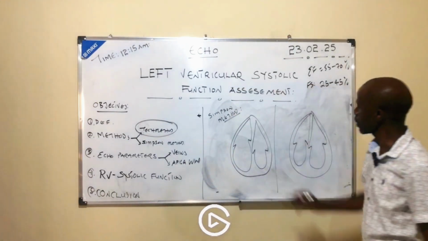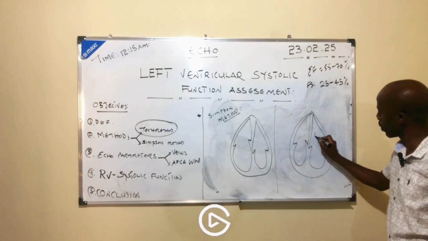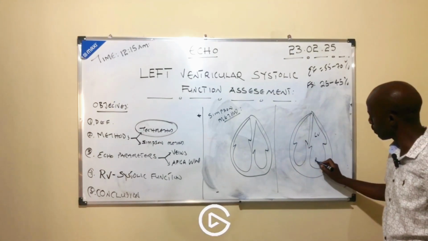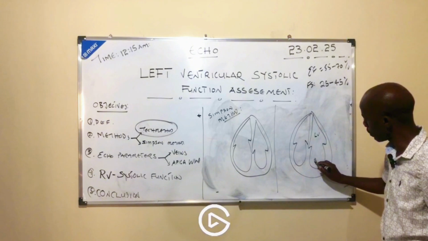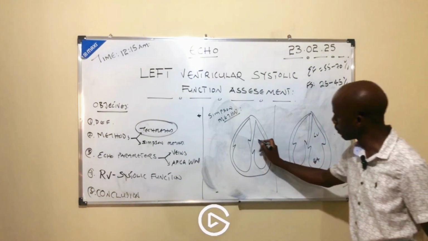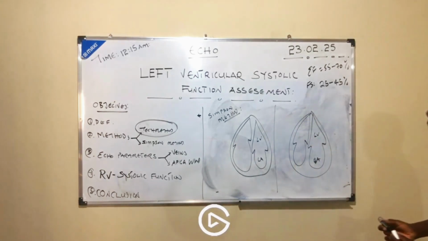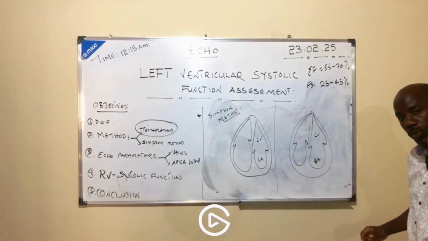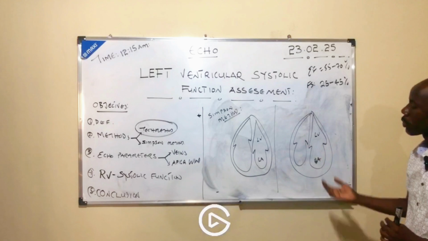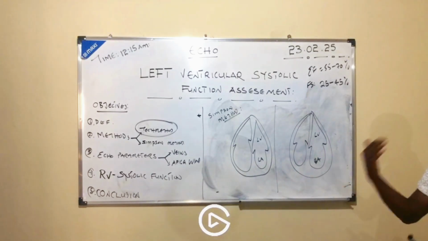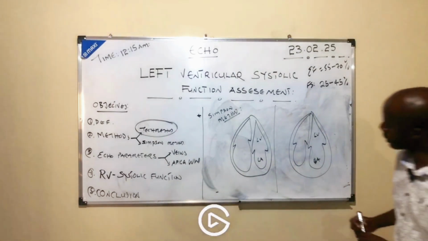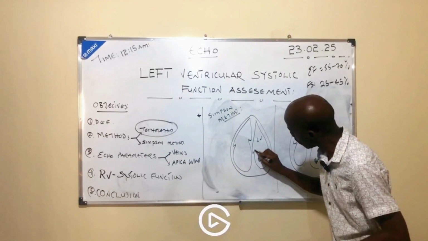So this is the Simpson method. You have your left ventricle, your left atrium. So you can either use a two-chamber view or you also use the four-chamber view. The principle should be that these are the mitral valves.